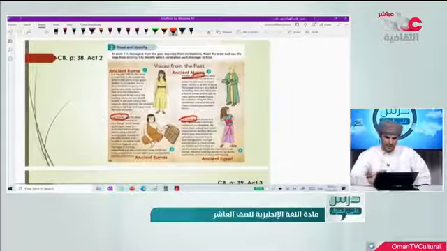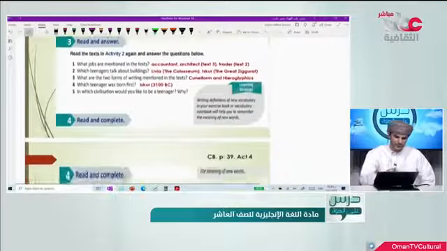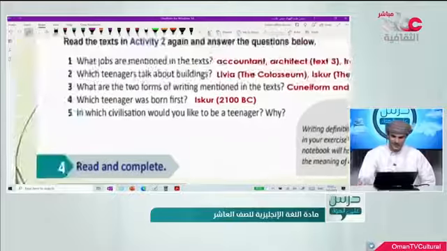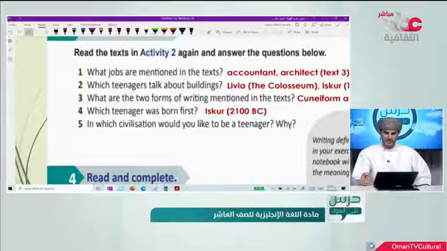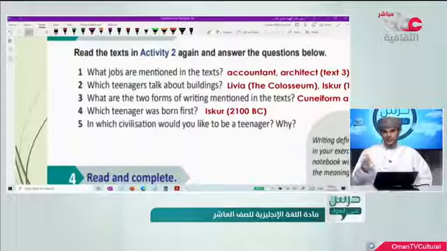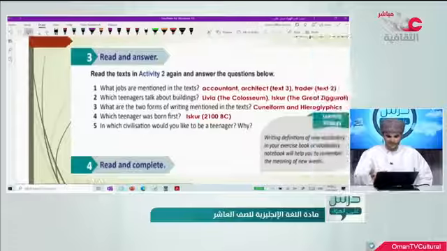And we'll leave you to decide and think about which civilization you would like to live in and be a teenager if you have the chance, and why. Okay, I leave that to you.